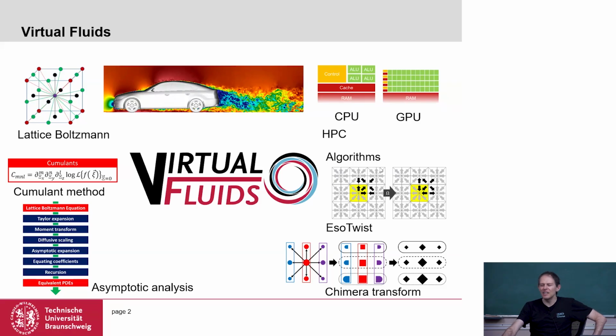Okay, so then there are a few specific algorithms in it. One of them we will discuss on Friday. This is the Chimera transform. The Chimera transform is a quick method to compute central moments, and from the central moments you can then compute relatively easily the cumulants.